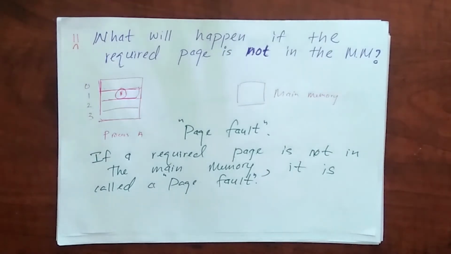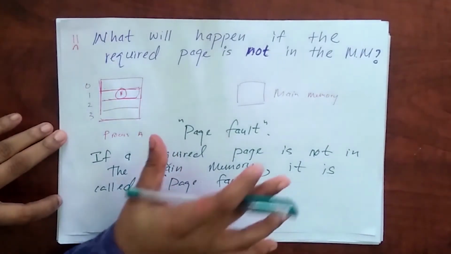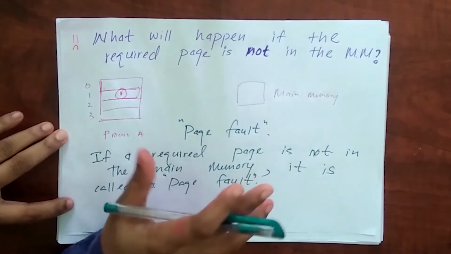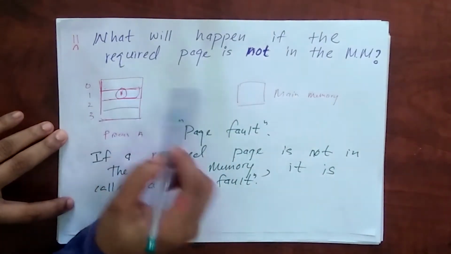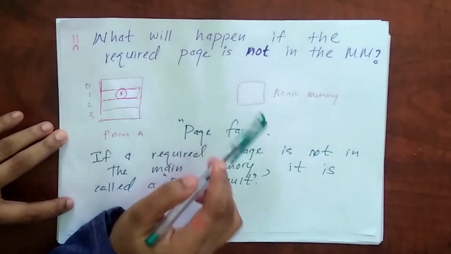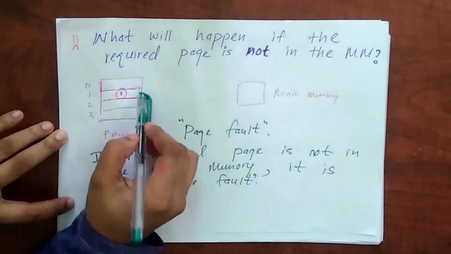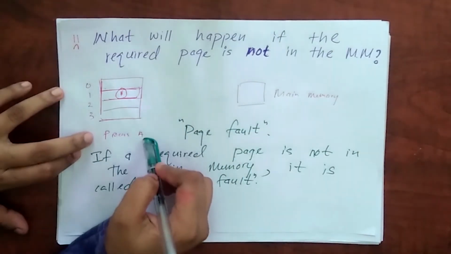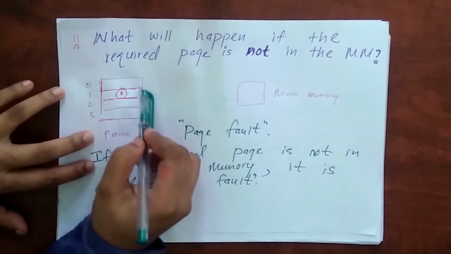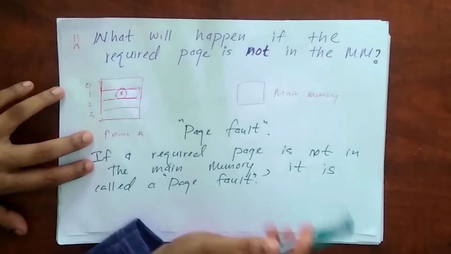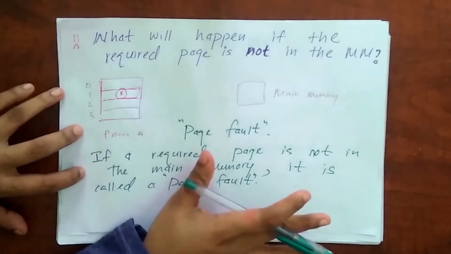When the OS gets to know that the particular page is not in the main memory, then the OS will find the particular page in the particular process, and the OS will load this page to the main memory. I repeat the same thing.